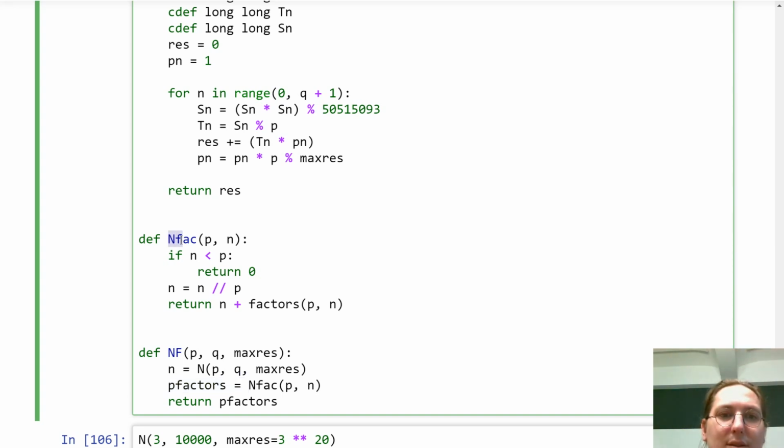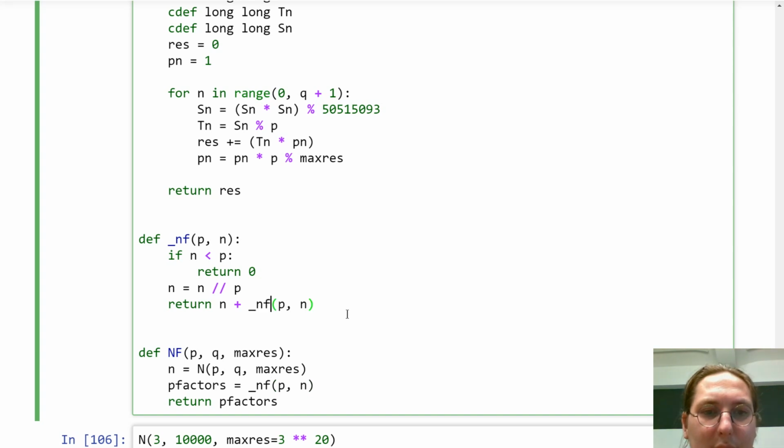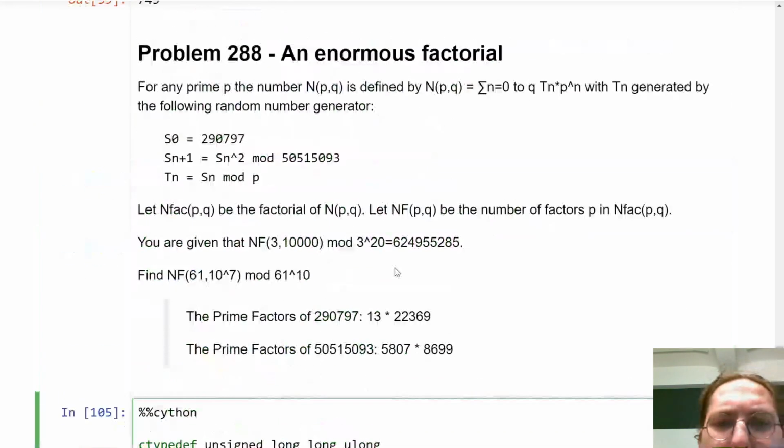Okay, so this is, I guess, some kind of internal helper thingamajig. Ah, and I renamed this. Okay. But I don't see the issue. We said we didn't have to do mod of this.